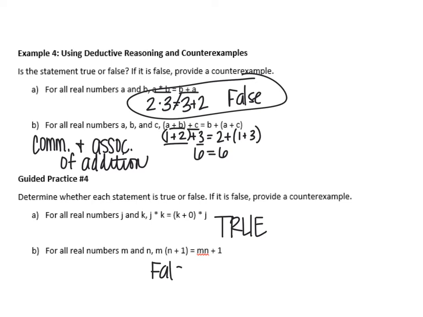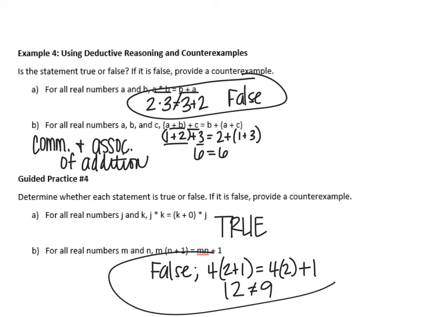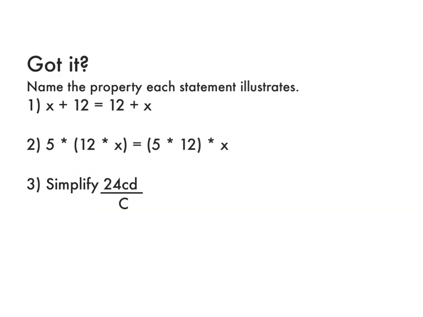Your counterexample may be different than mine, but let's say that M was 4, N was 2, 4 times 3 is 12, where 8 plus 1 is 9, so that's not true. So that's your counterexample.